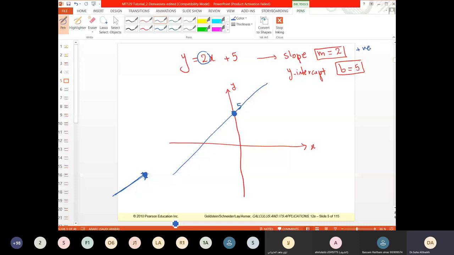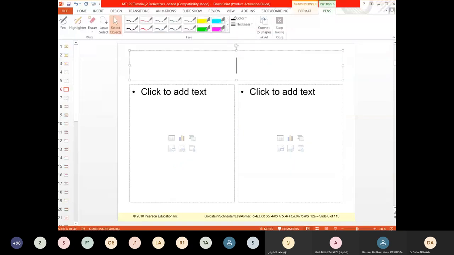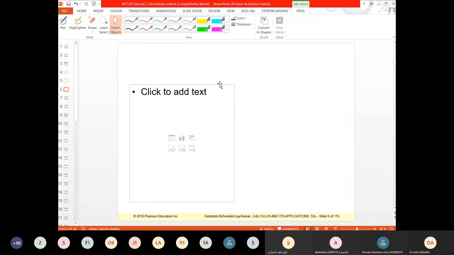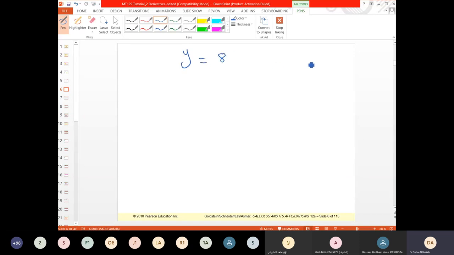A third example: if you have y = 8. This is an equation of a line.